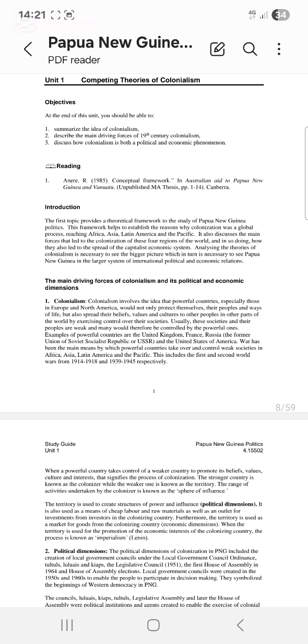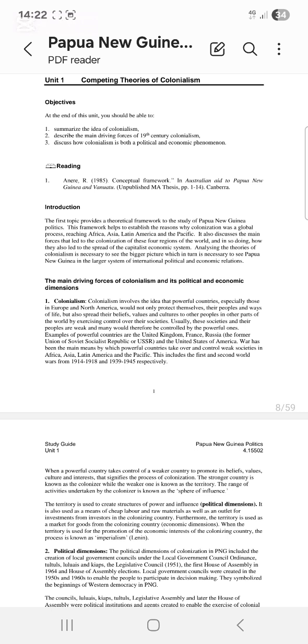Colonialism, according to this reading, is the idea that powerful countries or developed countries, especially in Europe and North America, would not only protect themselves, their peoples and ways of life, but also spread their beliefs, values and cultures to other people in other parts of the world by exercising control over their societies.